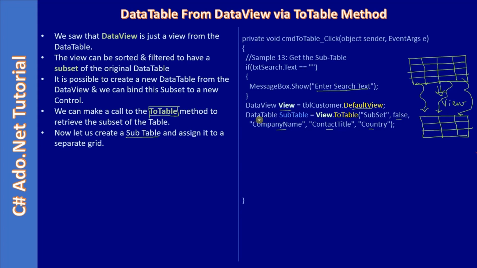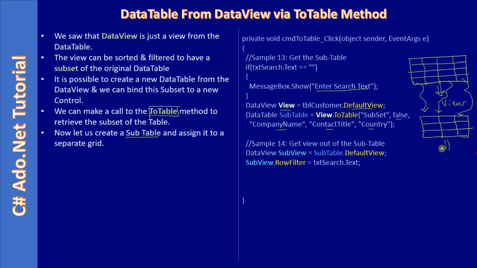So now we have a data table, and we call this a subtable, and from that subtable we are once again retrieving the data view, and we call that a subview, and in that subview we are applying the row filter property and doing the filtering. So here we already performed a column filter when we made use of ToTable. We have only company name, contact title, and country.